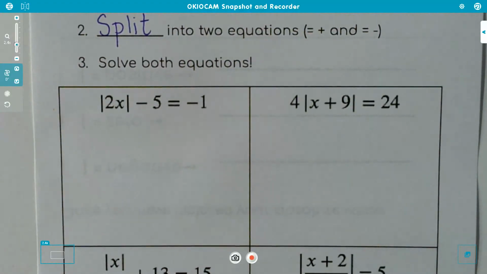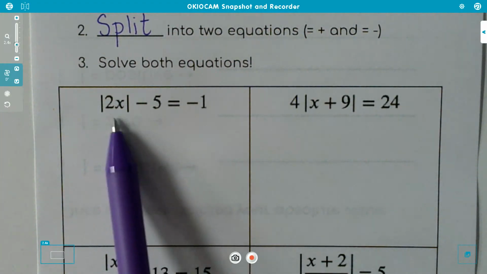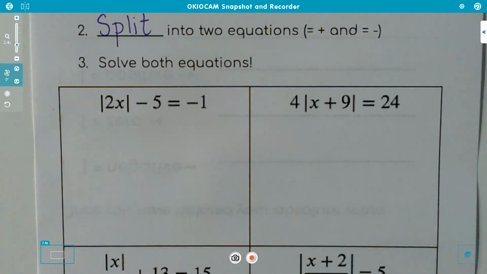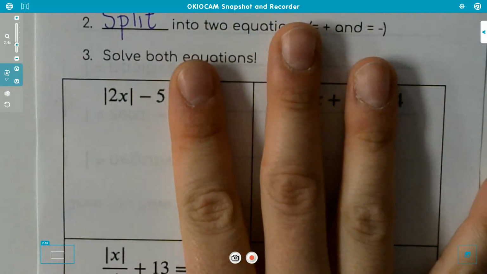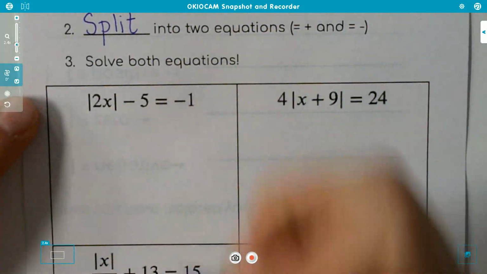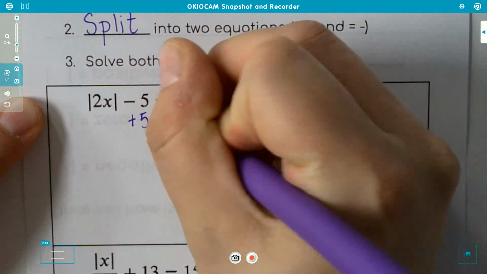The back gets weird. Okay, so this first one, we've got the absolute value of 2x minus 5 equals negative 1. On the left side of my equation, what is outside of the absolute value? The minus 5, okay? So we got to get rid of that minus 5 first. We're going to do that by adding 5 to both sides.